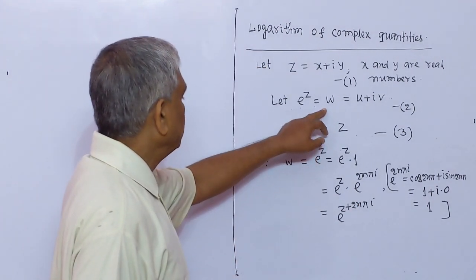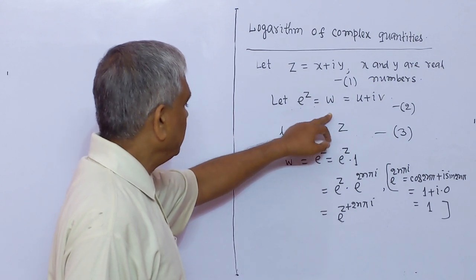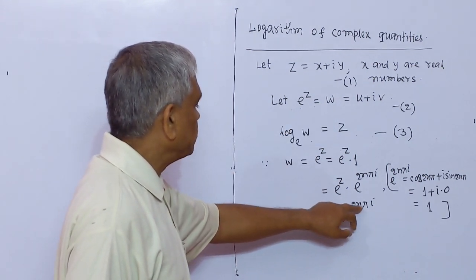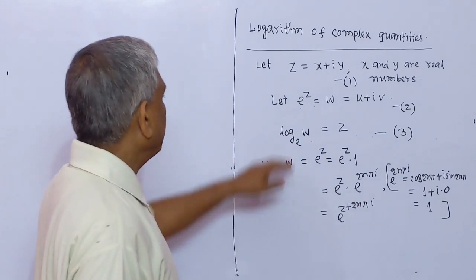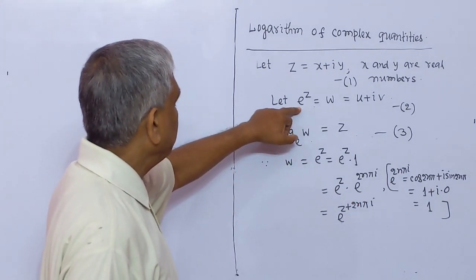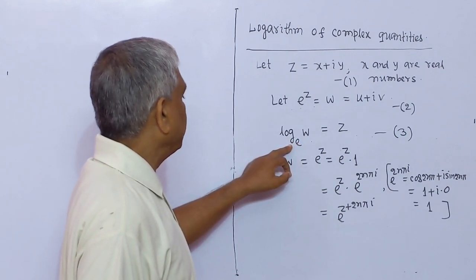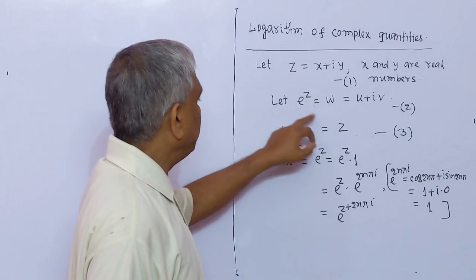Here in 2 we see that e to the power z equal to w. Here we see that e to the power z plus 2n pi i equal to w. And from this we use the concept of logarithm. Log base e w equal to z.